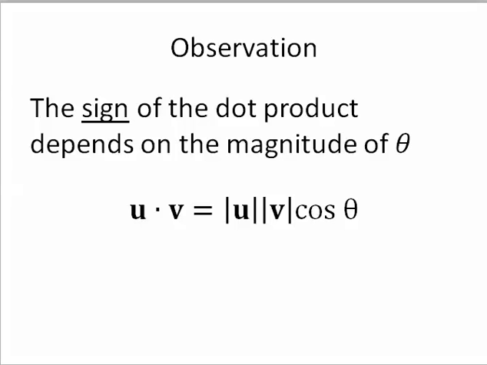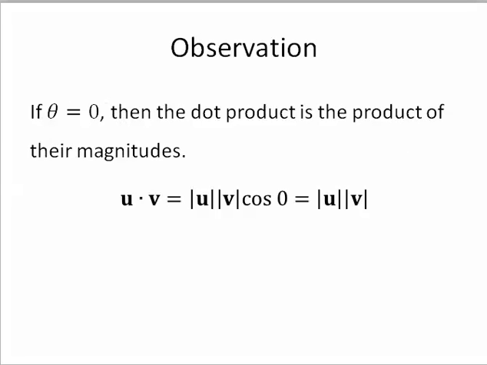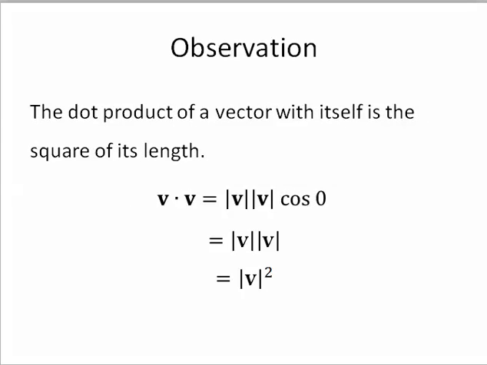If theta is between pi over 2 and pi, that dot product will be negative. If theta is 0, then the dot product is the product of their magnitudes. Theta being 0 means they point in the same direction. In fact, the dot product of a vector with itself is the square of its length.